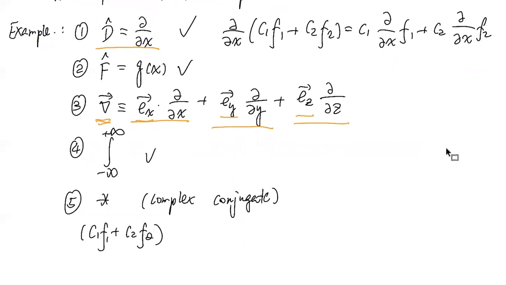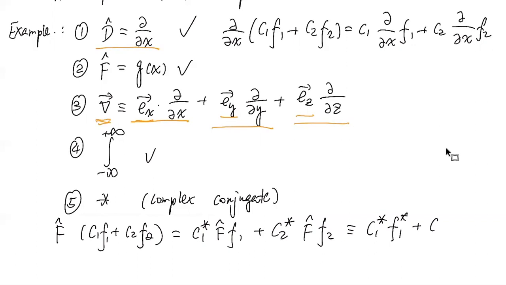If you really want to write it in an operator way, you write F with a star, which means the complex conjugate. This will give you C1 star F1 plus C2 star F2, which is actually equal to C1 star F1 star plus C2 star F2 star. This is just a notation. We want to write it in a more formal way by using an operator.